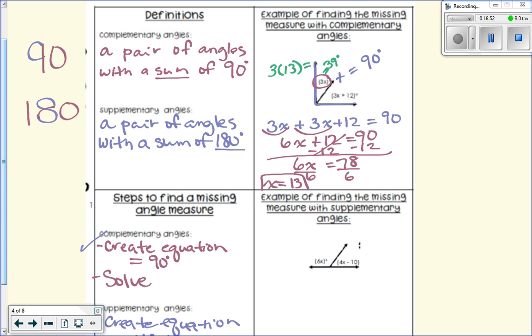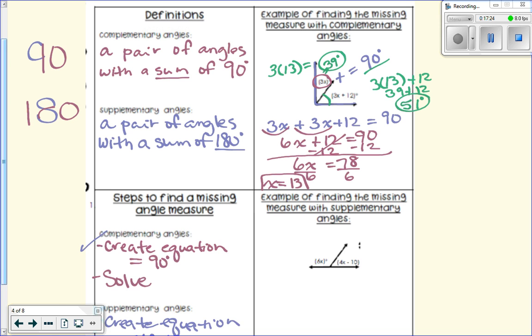This is 39 degrees. Okay? How can we find this angle measure? Substitute in our x value, which is 13. So this gives us 39 plus 12 is 51 degrees. Is that right? Yeah. So if we add 51 and 39, we should get 90 degrees. Okay? That's a good check.